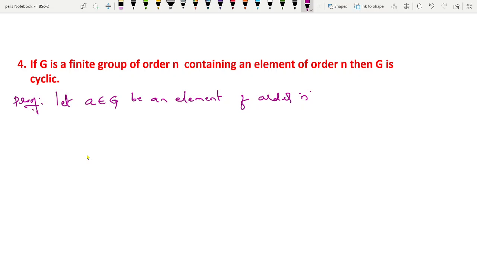So now you take, let you consider one cyclic group.